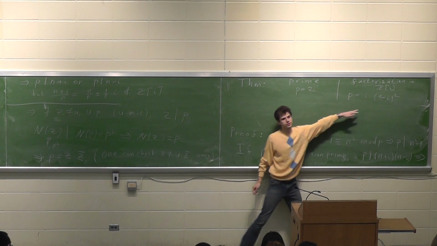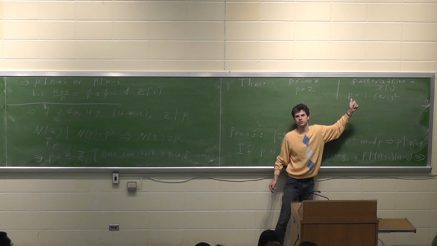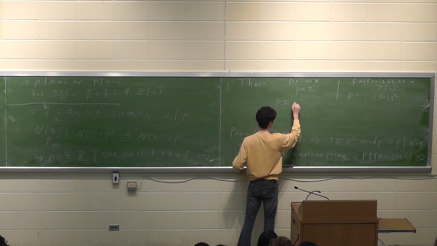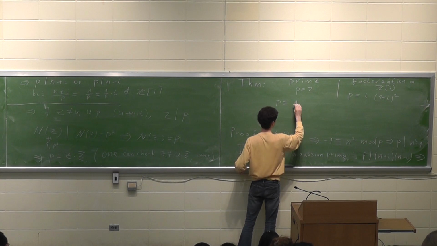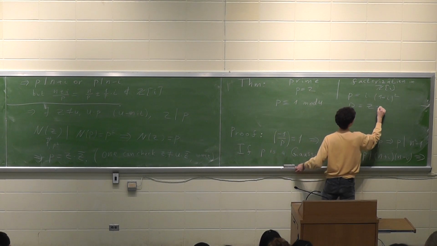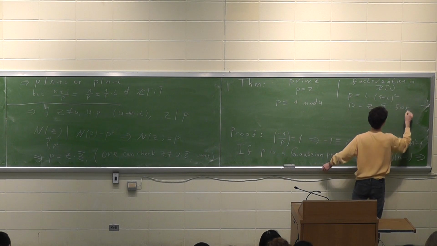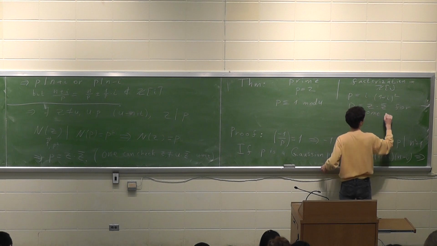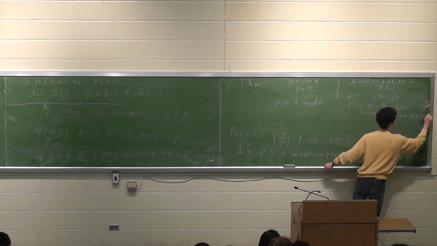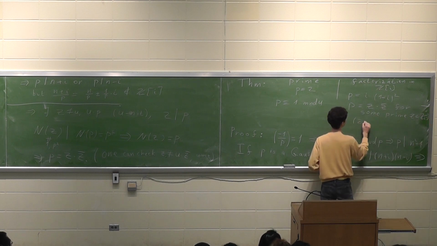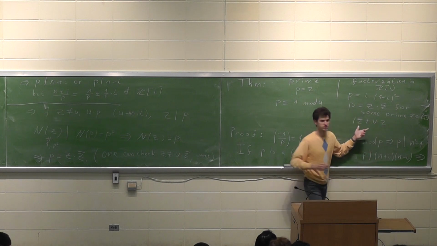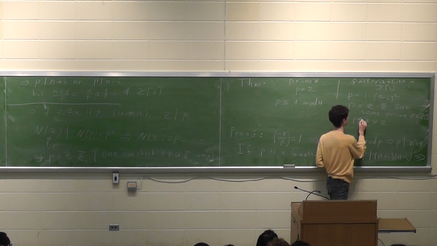So 2 is the square of some prime in Gaussian integers. If P is congruent to 1 modulo 4, then P is Z and Z conjugate for some Gaussian prime Z, and the conjugate is actually a distinct prime, distinct from Z. It's not equal to Z even after units.